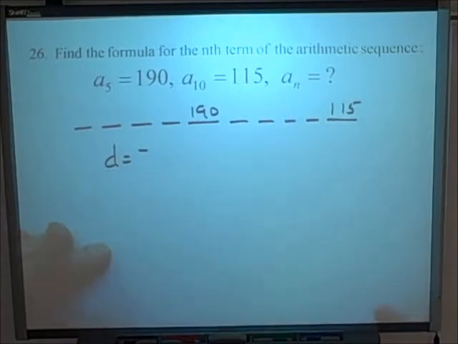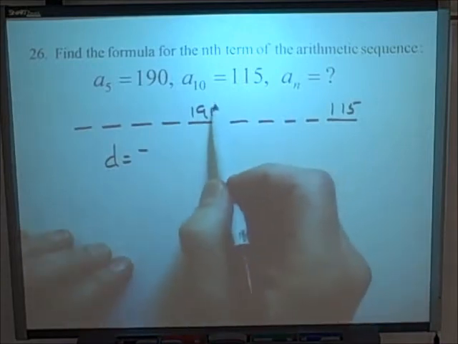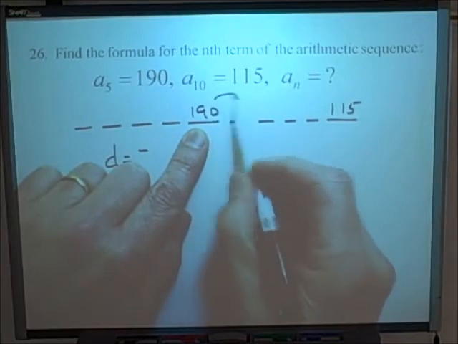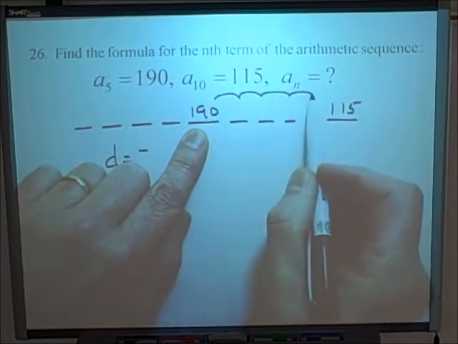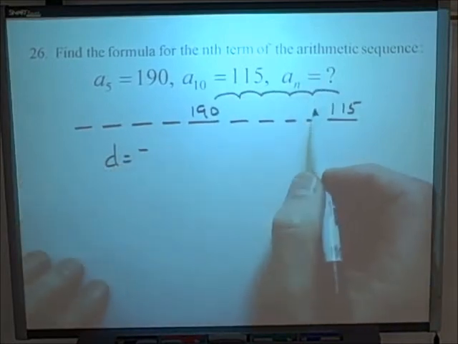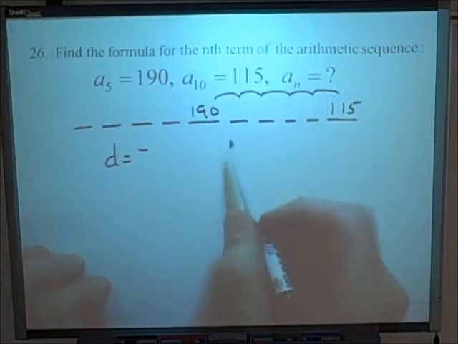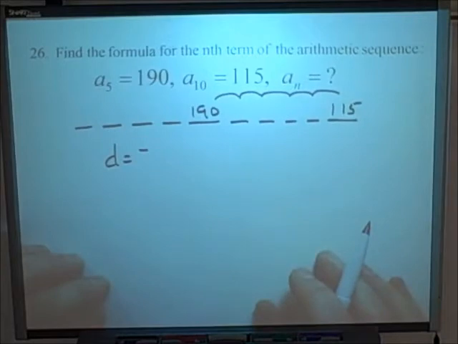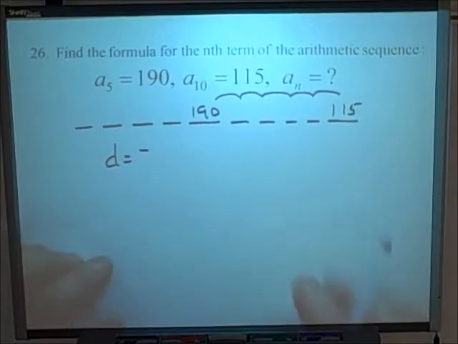How big of a negative number are we dealing with here? Well, how many steps from the 5th term to the 10th term? Well, to get from 5 to 10, I have to take 1, 2, 3, 4, 5 steps. So 5 steps get me from 190 to 115. How much distance do those 5 steps have to cover?